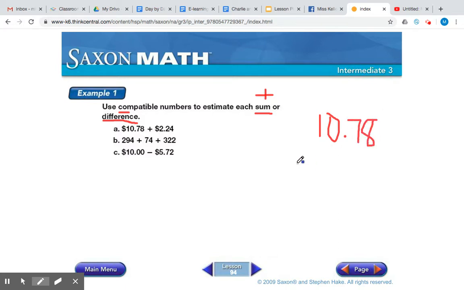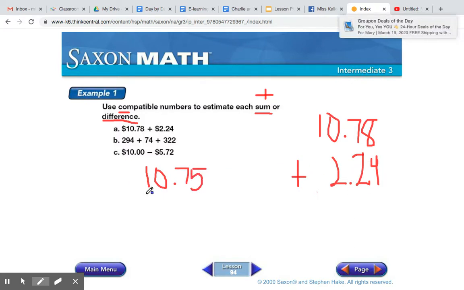$10.78 plus $2.24. Now, we're going to think in terms of quarters for this problem. $10.78 is pretty close to $10.75. $2.24 is pretty close to $2.25.